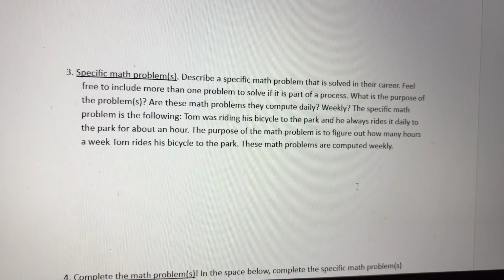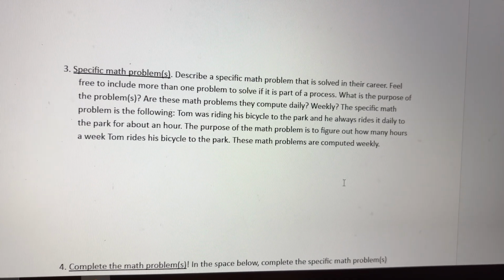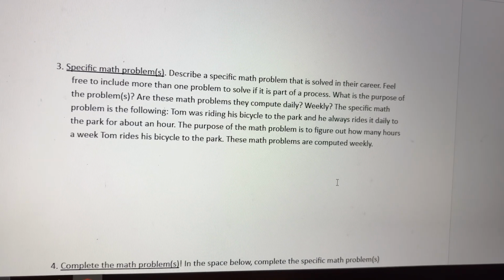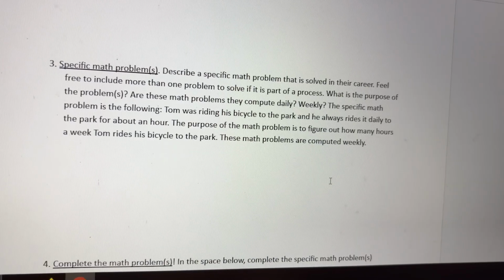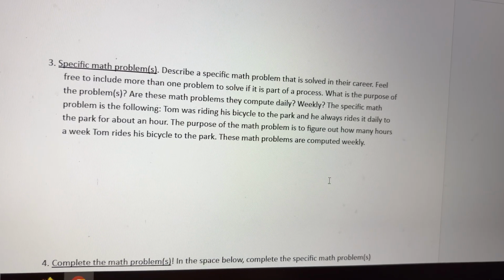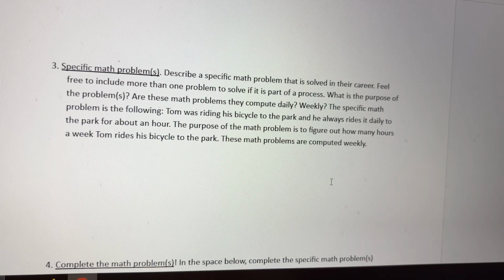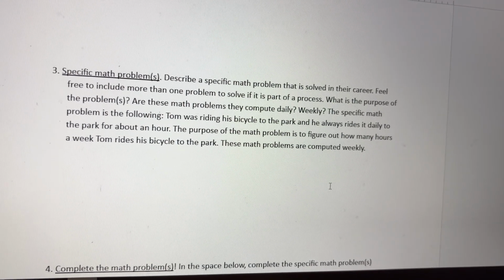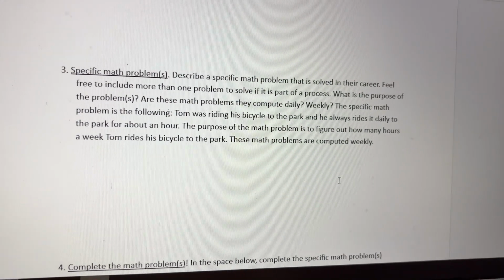There are 7 days in a week, and you would just multiply that by the hour that he rides his bicycle to the park daily, and you would get 7. He rides his bicycle to the park 7 hours a week.